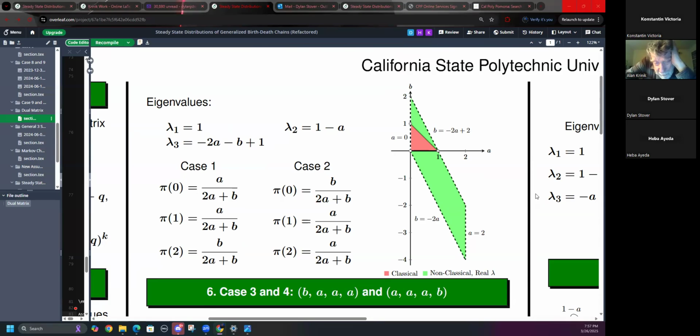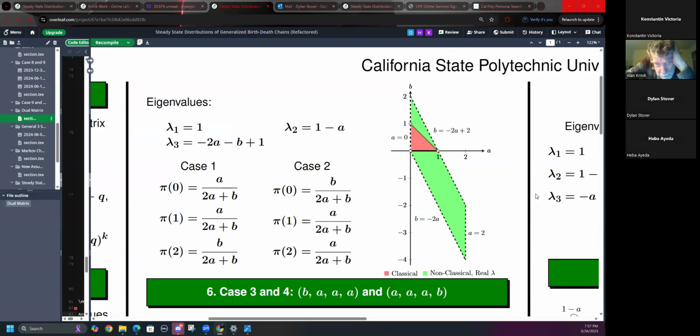The region where there's a steady state, though, looks like this, which is interesting. It's similar to what we found for the two-state guy. It's a slanted region that looks like a parallelogram. And the boundaries, again, can be found by taking these eigenvalues and setting them equal to 1 and -1. The region in between there is what we're after.